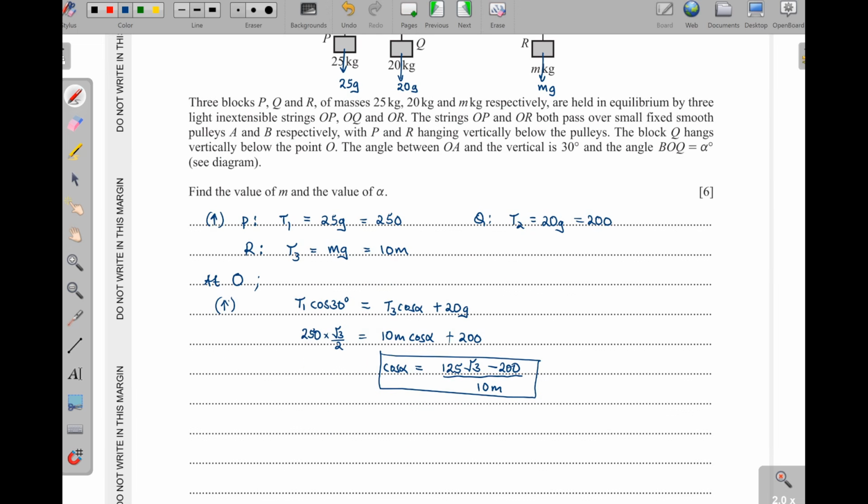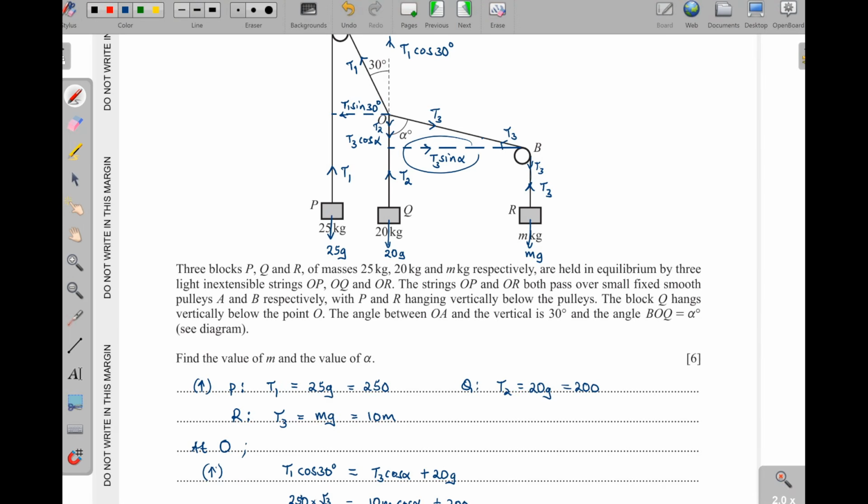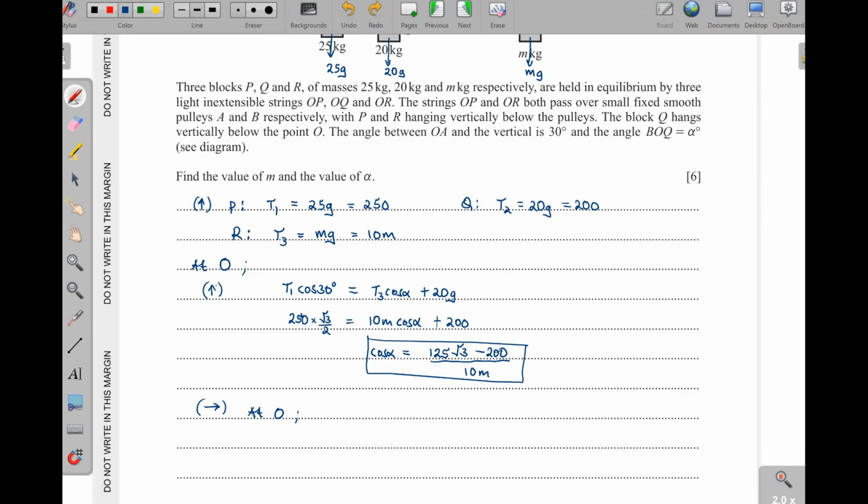Then we shall also look at resolving forces horizontally at O. Okay, so at O, we can see this one going this way, and then this one here. I think those are the only ones that we have. So T1 sine of 30 degrees is equal to T3 sine of alpha.